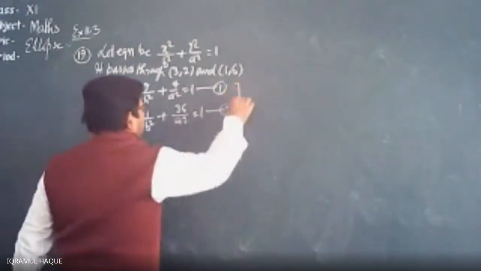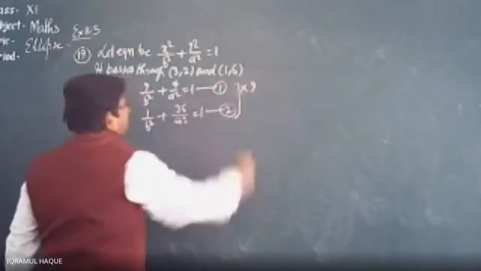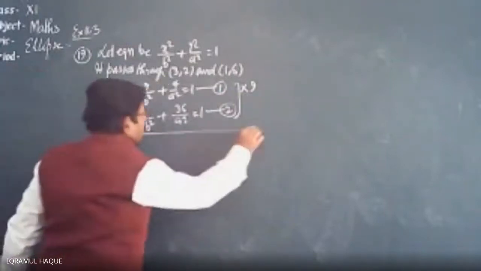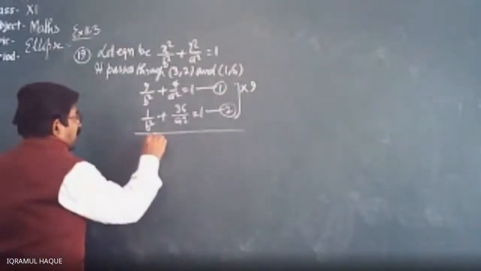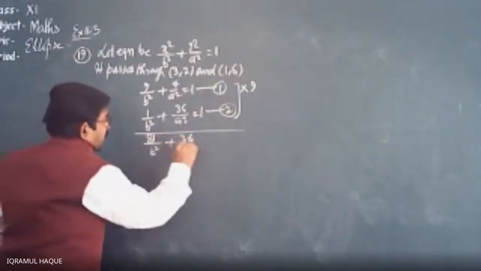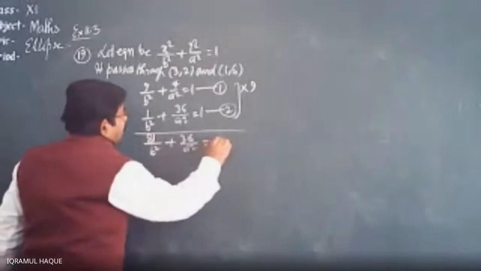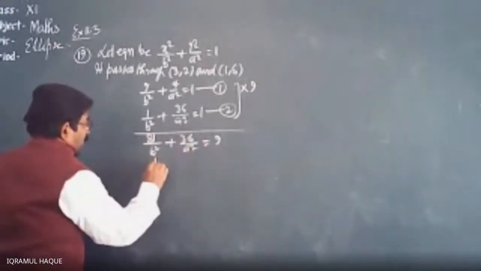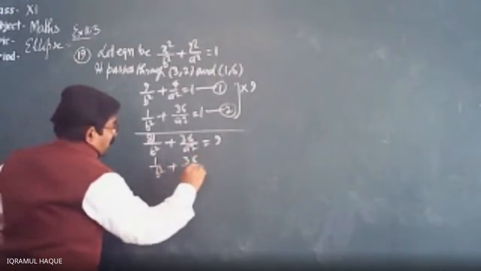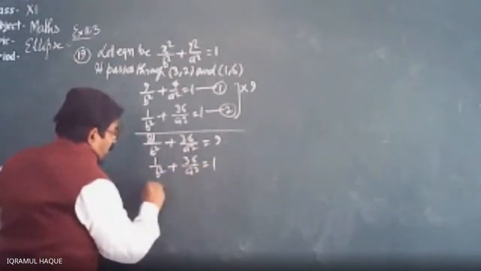I am multiplying this equation by 9, for the 36 upon a square. Solving this, 9 upon b square plus 36 upon a square is equal to 9. This one, 1 upon b square plus 36 upon a square is equal to 1.